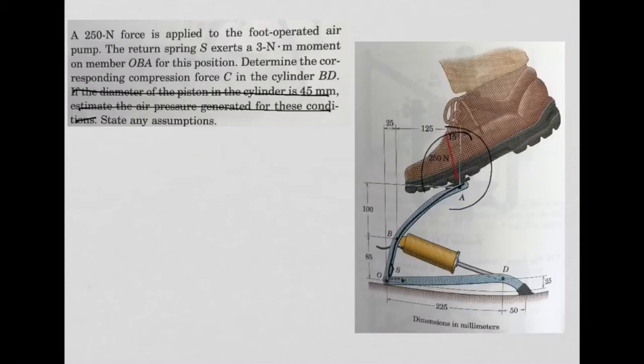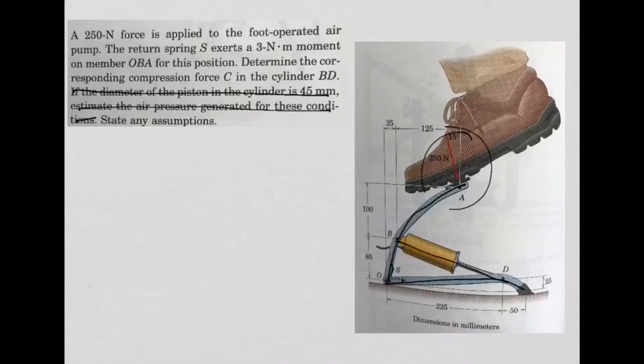What else do you have? You have this member OD, okay? What else? You have the cylinder BD, right? And you have the entire pump, which is basically made of this, right?